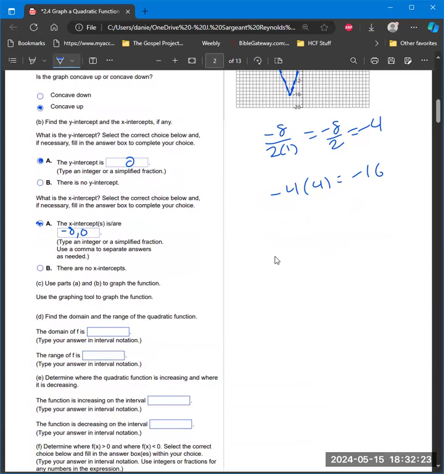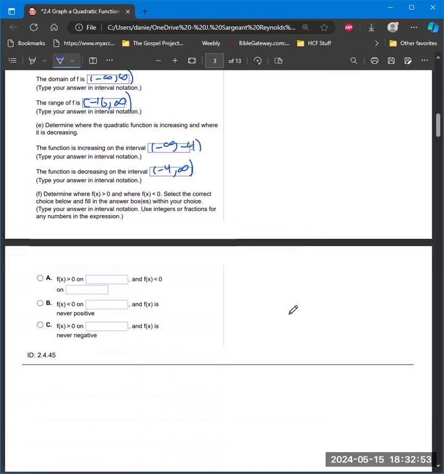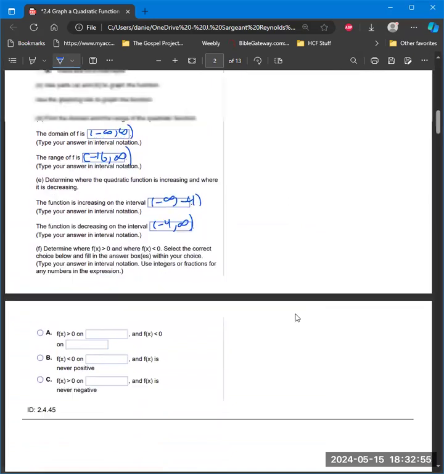The domain is going to be negative infinity to infinity. The range is going to start at negative 16 and go to positive infinity. It is increasing from negative 4 to positive infinity, and it's decreasing from negative infinity to negative 4. Determine where it's positive and negative.